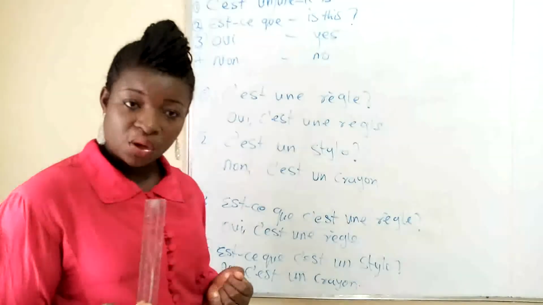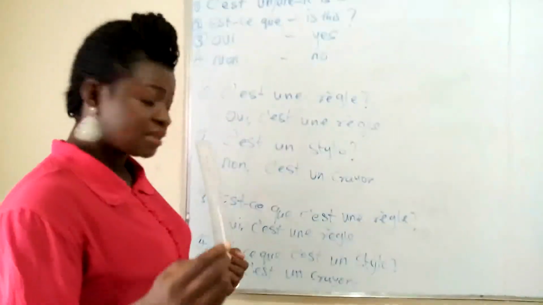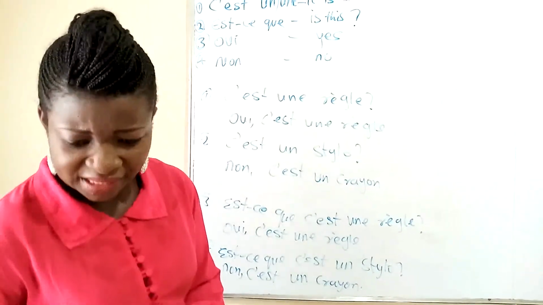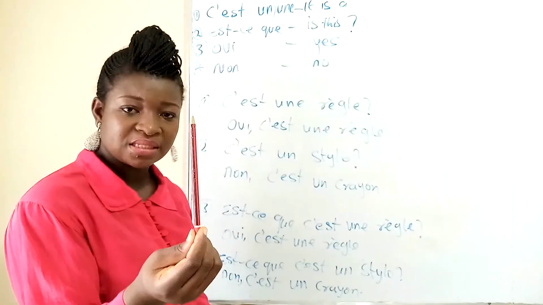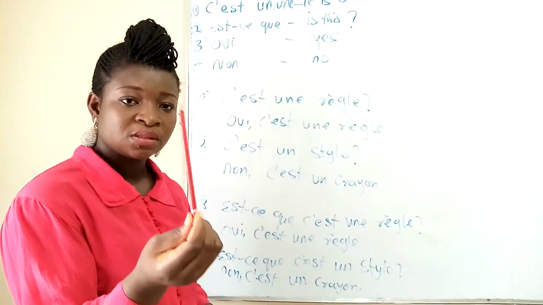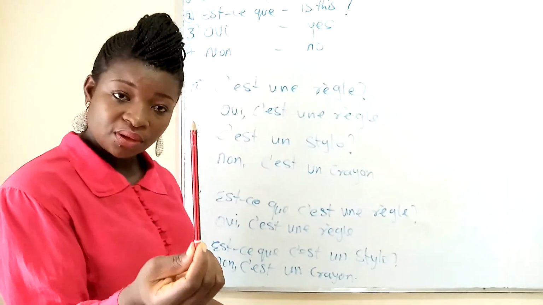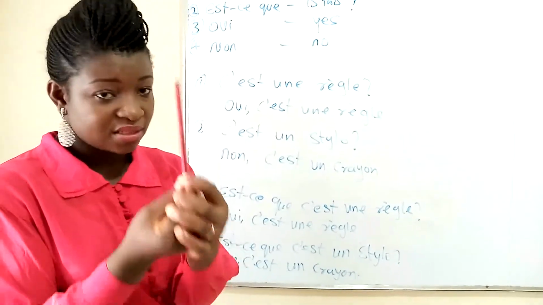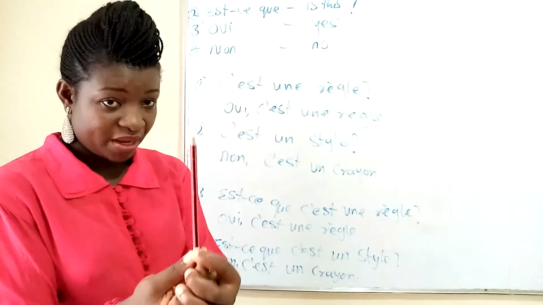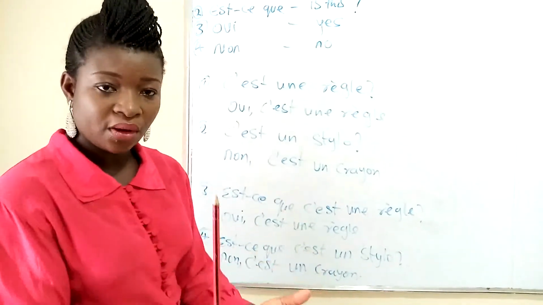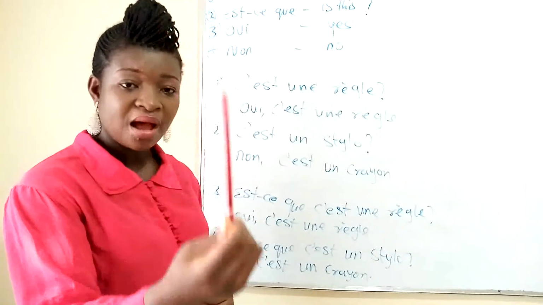C'est un stylo. Now look at what I'm holding. C'est un stylo. This is not un stylo, it's not a pen, right? You say non, c'est un crayon, because this is un crayon.